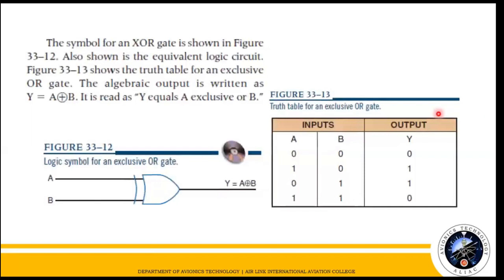So as you can see, when you have an input A 0 and input B ay 0, your output is 0. When your input is 1, and then your input is 0, then your output is 1. When the input is 0 and the input is 1, output is 1. But both inputs are 1, you will have a 0.